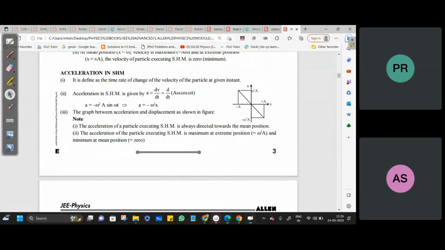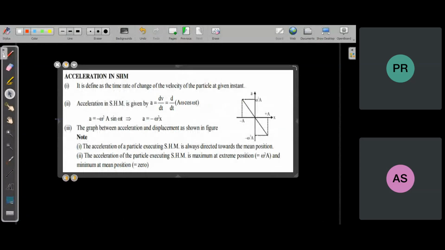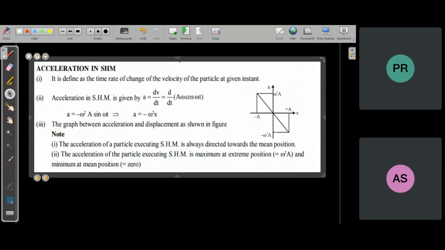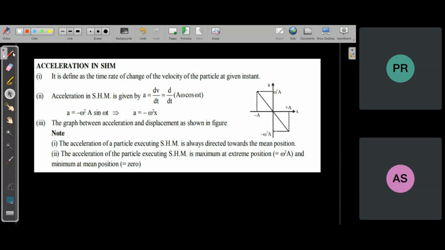Now let's talk about acceleration in SHM. You already know that acceleration can be calculated by differentiating velocity as a function of time. So dv by dt. We already calculated the velocity as a function of time. If you differentiate, you will get this. This is the equation of acceleration as a function of time.